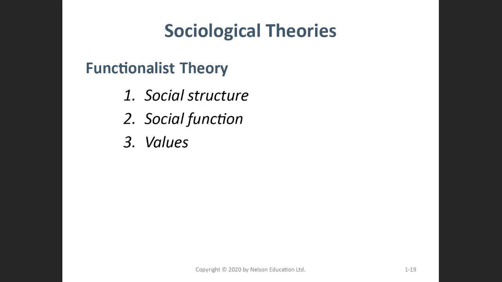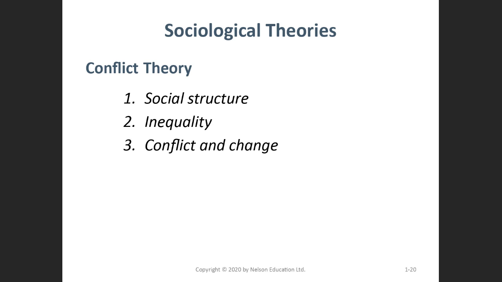In contrast, conflict theory holds that the central model for understanding societies is conflict between groups in societies. And so conflict theory, like structuralist theory, argues that the initial target for analysis is social structure.